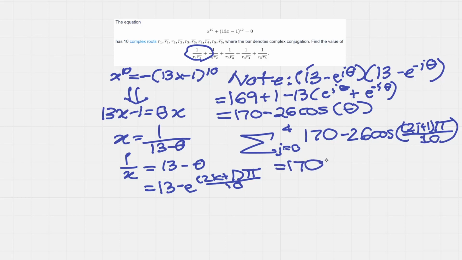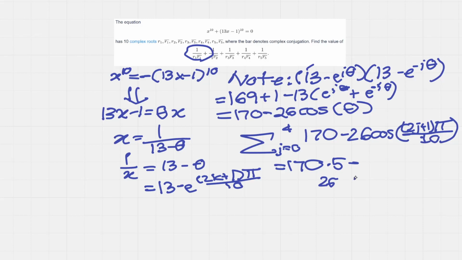So pulling out the 170 minus 5, we get this sum. Okay, that's going to get cut off, so let me pull it down here.